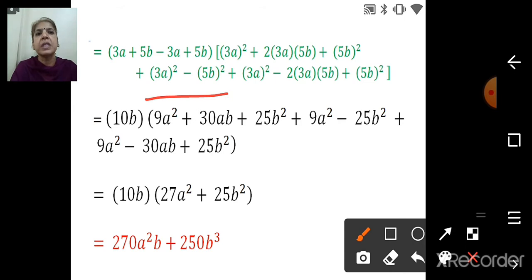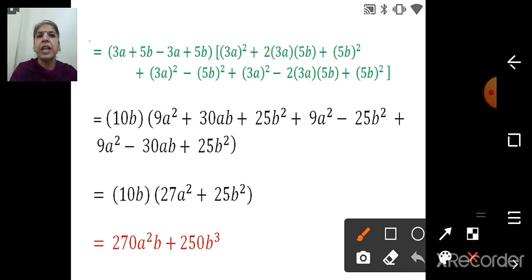Now this part, 3a the whole square, 9a square minus 25b square plus again 3a the whole square is 9a square. And this part, 2 into 3, 6. 6 into 5, 30ab. Only the difference is minus sign is there. Minus 30ab plus 25b square. So we have simplified it.